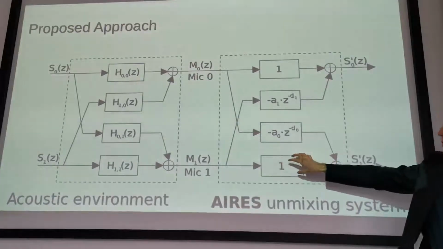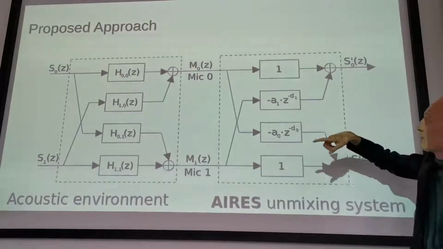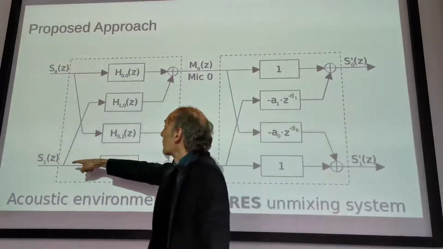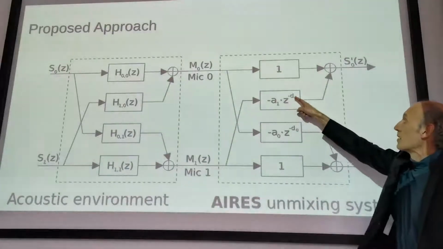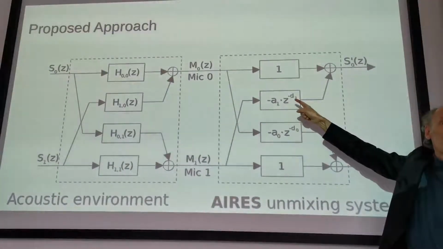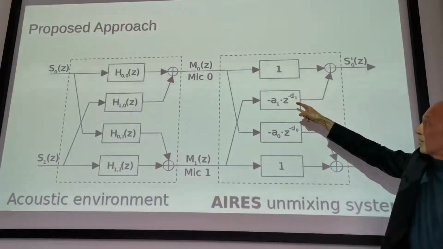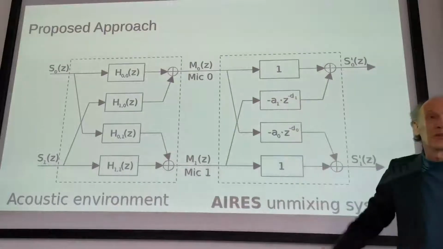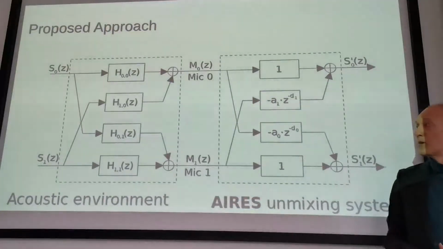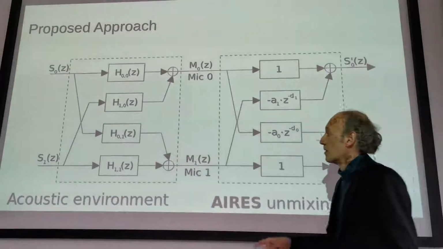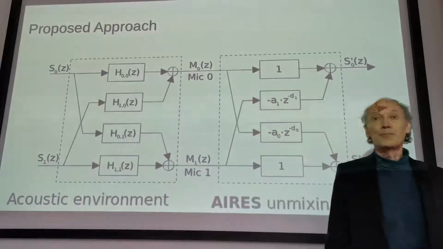And what you can see here is a simplified matrix where we have ones on the diagonal entries, which means the sound from microphone 1 to reconstructed signal 1 is unattenuated, unchanged. Right? So it goes right through. Same for the other reconstructed sound. But then we try to mimic this crosstalk by simply a delay. So z to the minus d1 means the delay by d samples in the sampled audio domain. And this a is an attenuation factor which mimics the slightly increased attenuation due to the slightly longer distance to the other microphone.